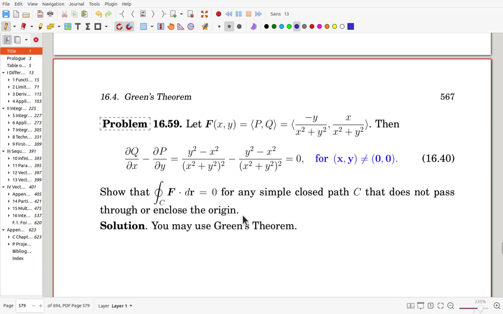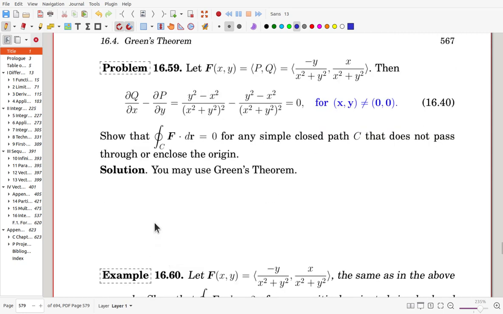So if a closed curve is considered far away from the origin, then inside it the vector field is differentiable, and so it is also conservative, so it must be 0. We already know that.